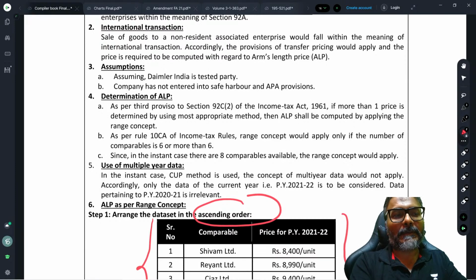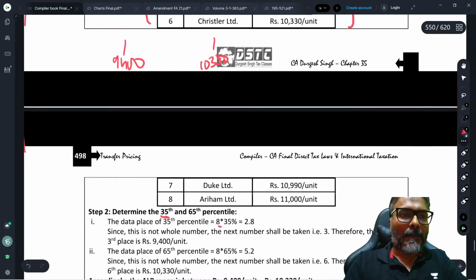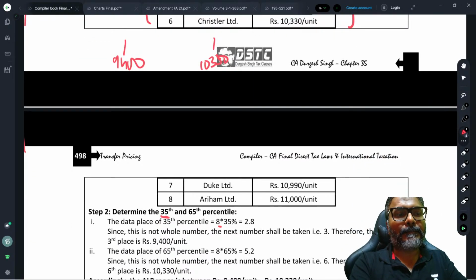The variation of 3% that you're talking about is not relevant at this stage.